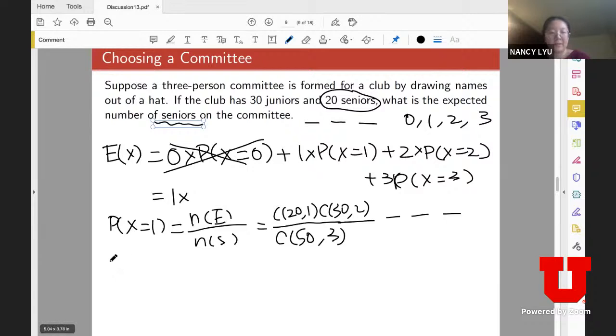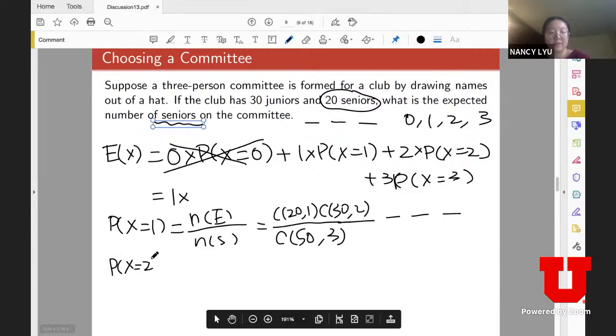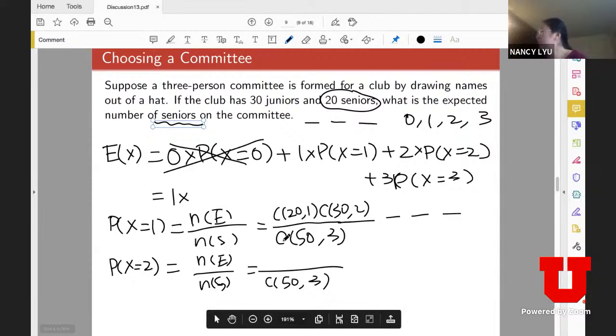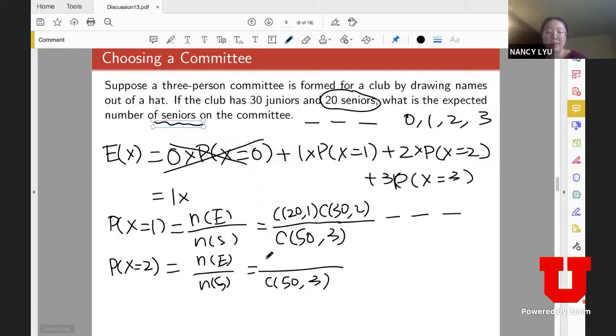And what about when we want to get 2 seniors on the committee? This one should still be 20 choose 2 times 30 choose 1.